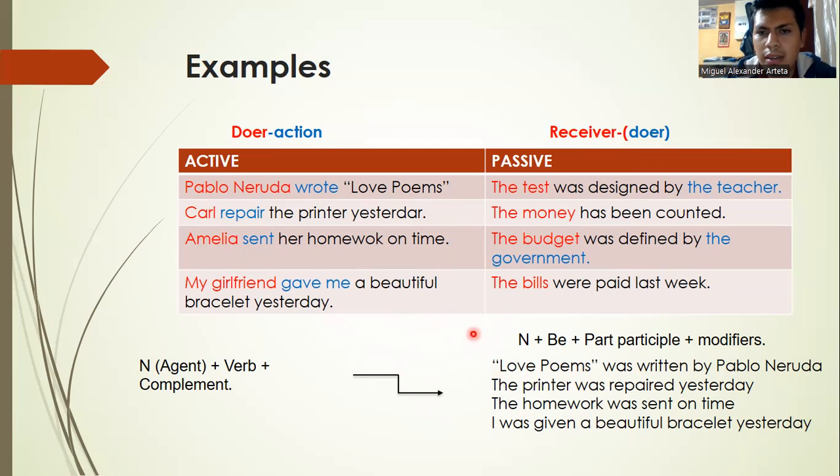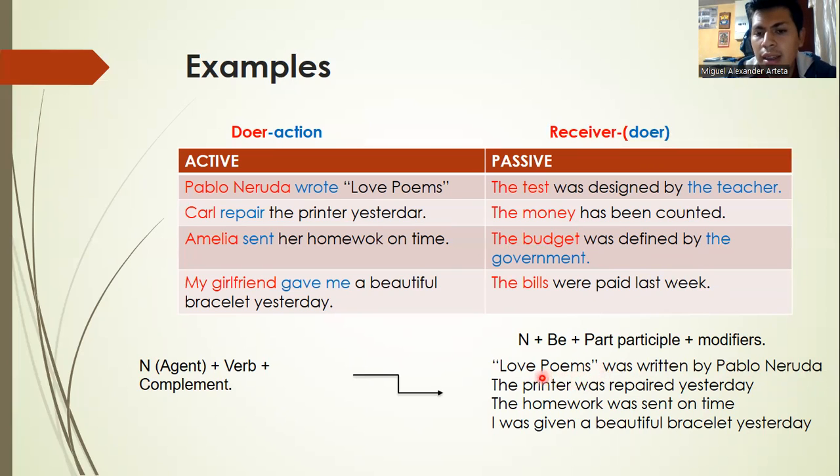So changing to passive voice, we have "Love poems were written by Pablo Neruda." Okay, in this case, it's important to highlight the word "by", because we are talking about a book. In most cases when we are talking about books and authors, it's important to mention it.